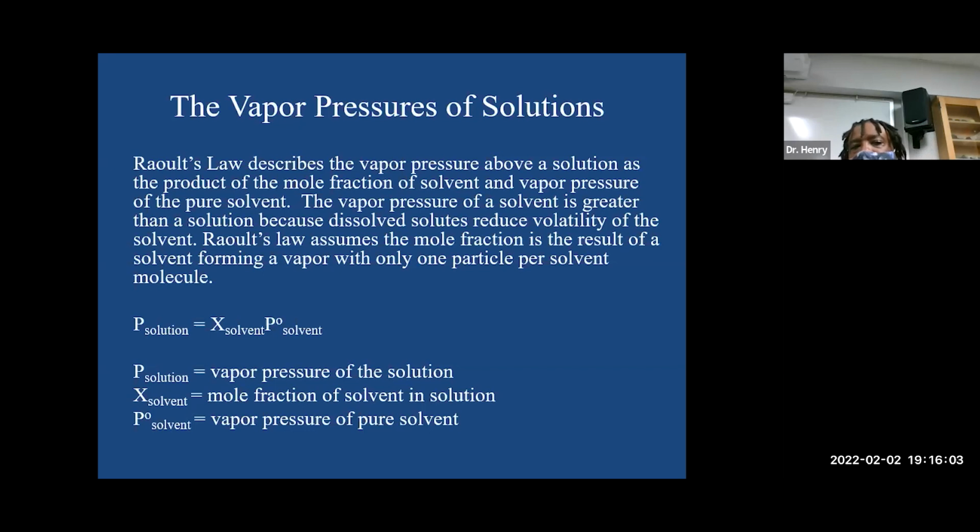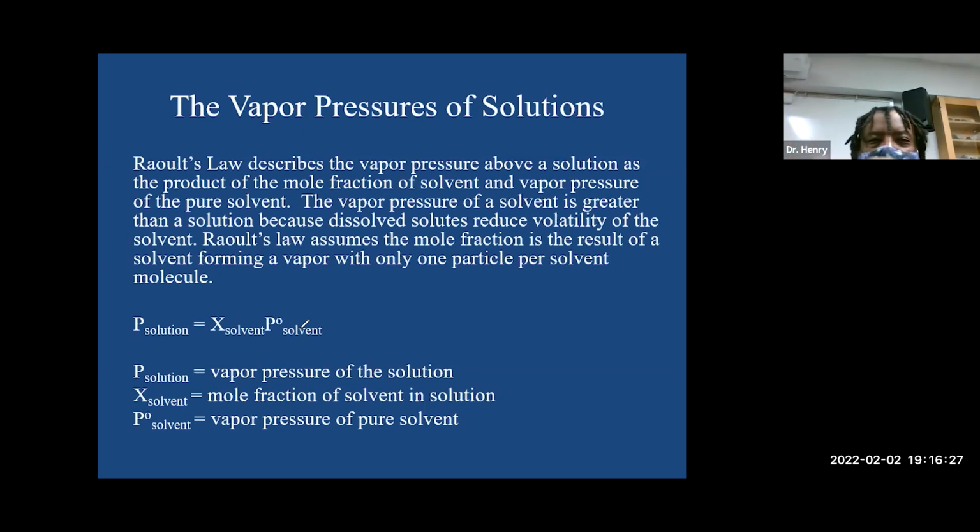Okay, so vapor pressure of a solution is going to be defined using Raoult's law. Raoult's law basically says P solution is going to equal the mole fraction of the solvent times the vapor pressure of the pure solvent.